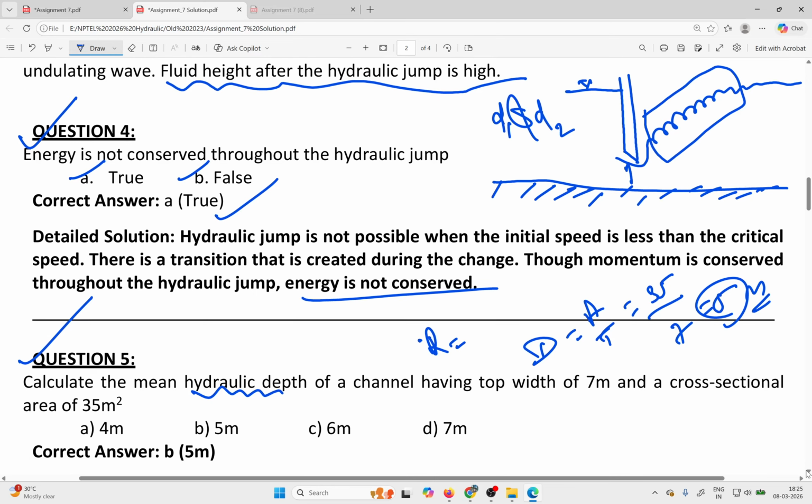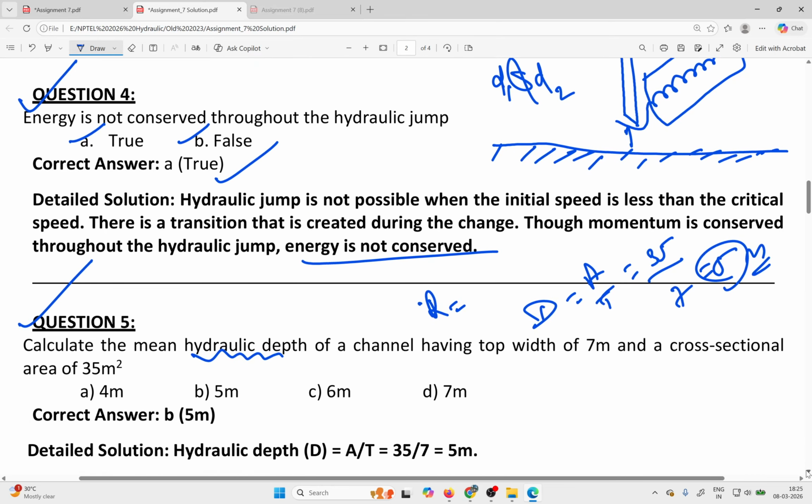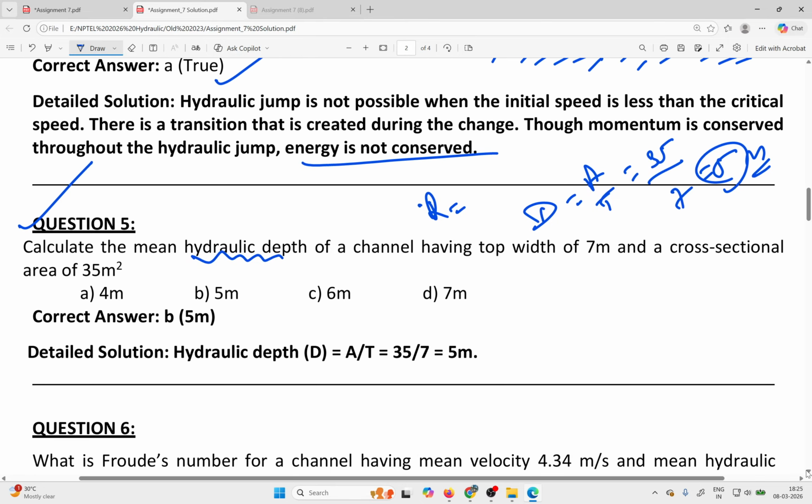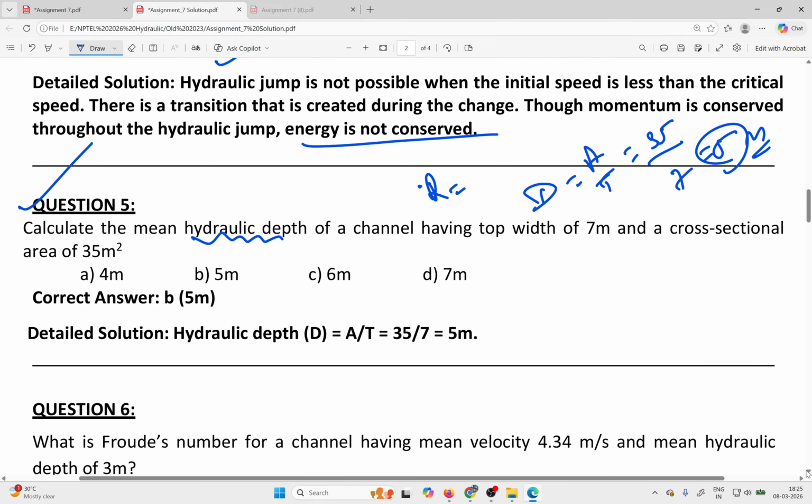Now we'll move on to the next one. Next question. What is the Froude number for a channel having mean velocity V mean of 4.34 meter per second and the mean hydraulic depth D equal to 3 meter?